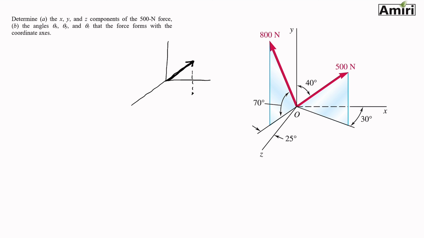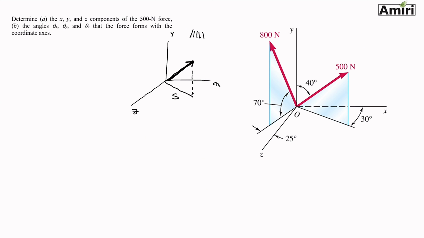I like to call this a shadow right here. So if you have some light coming from the top, this is a shadow of this vector on the xz plane. So let's find this shadow first.